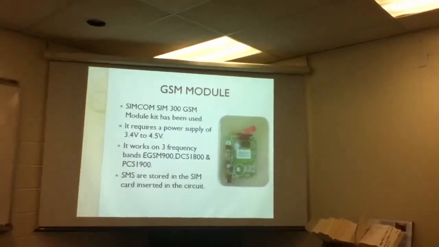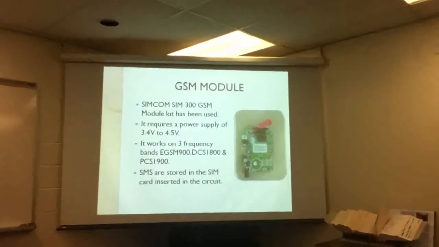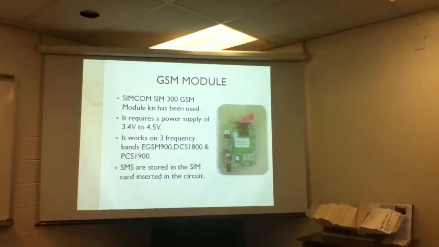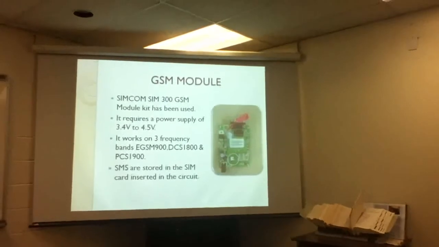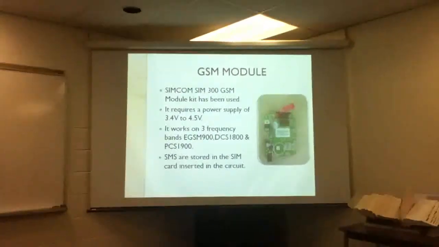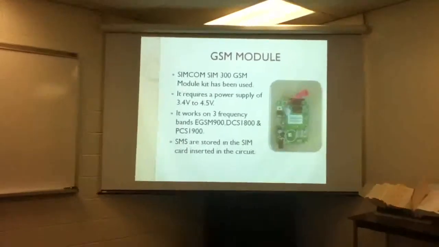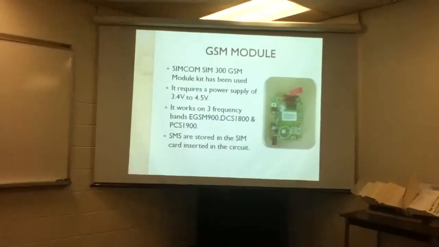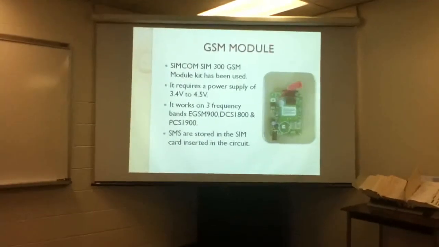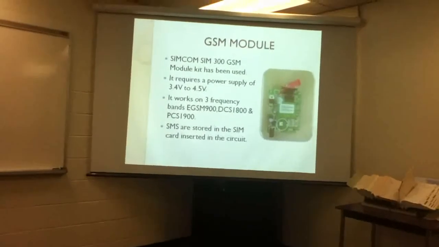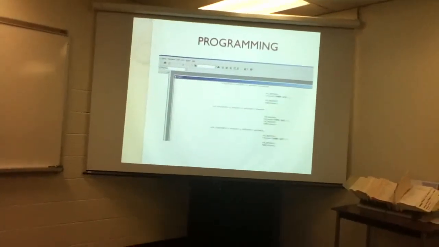And there is a small slot beneath the circuit for the insertion of the SIM card, through which the SMS goes into the mobile phone. And this GSM module uses the TCP/IP protocol for data transfer applications, and it uses extended TCP/IP commands, which customers can use easily for data transfer.